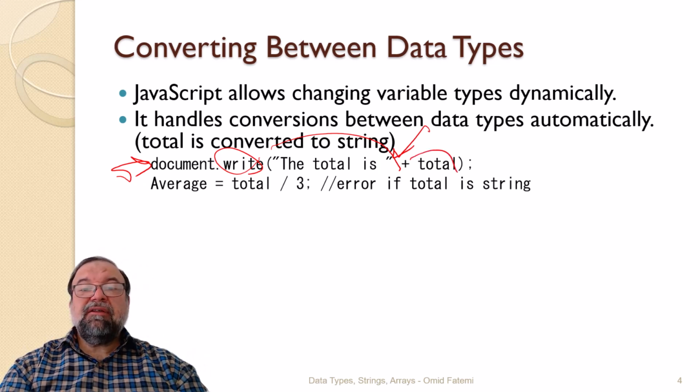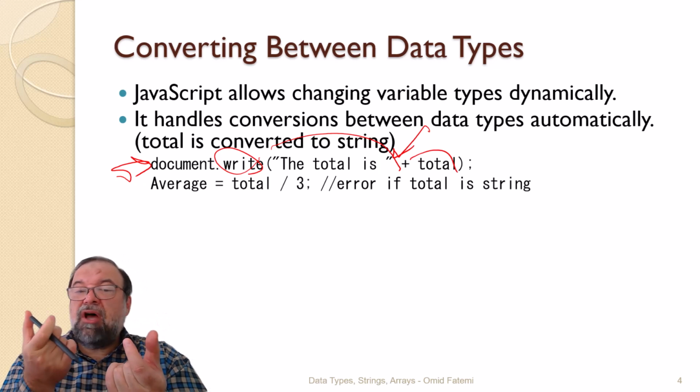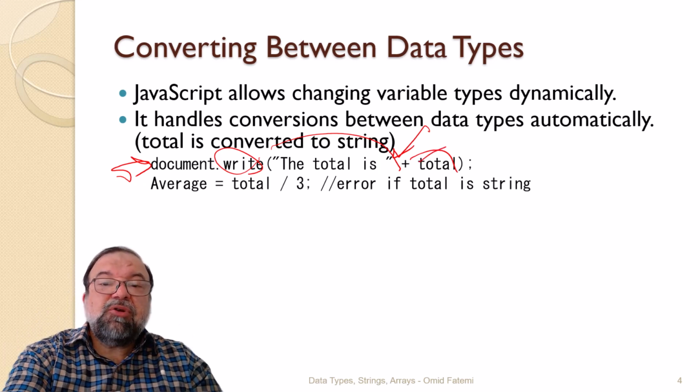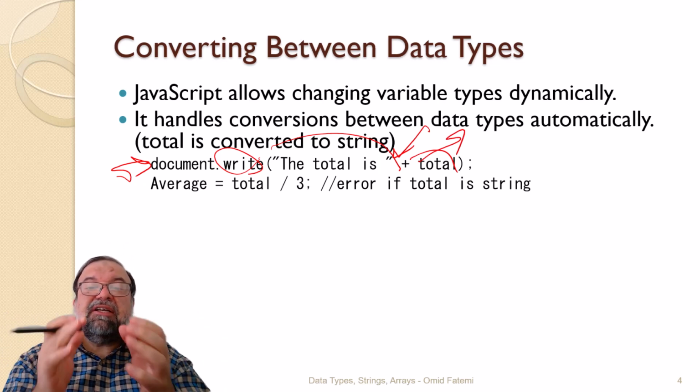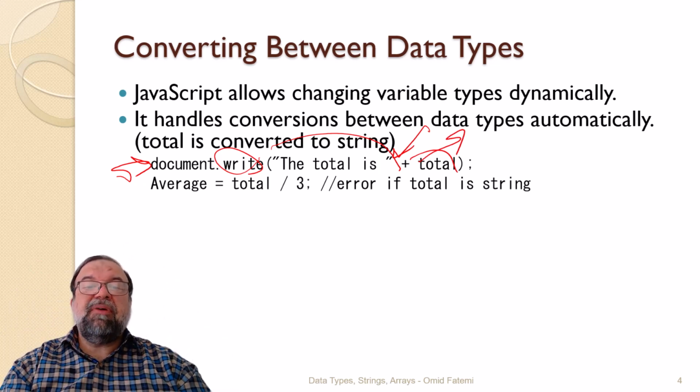Total has a number data type, and here we are concatenating a string to total. So JavaScript dynamically converts this total to a string and concatenates these two together and makes a new string which will be displayed in the page.